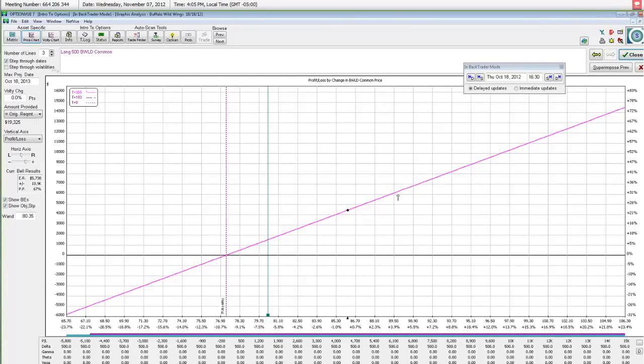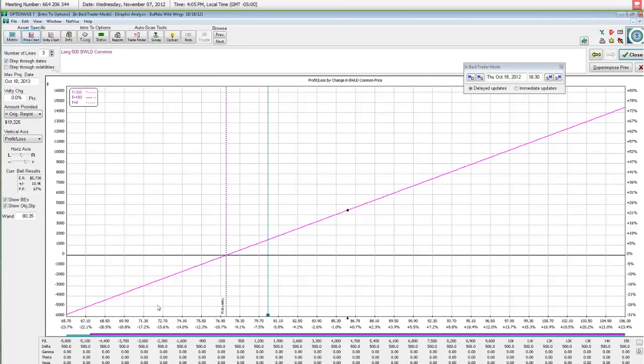If we go to this graph right here, see this black solid line where I'm moving my mouse? That black solid line is at 0 if you look over here to the left. Everything above that black solid line represents profit in the position.